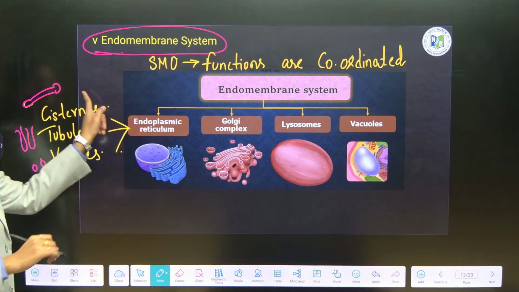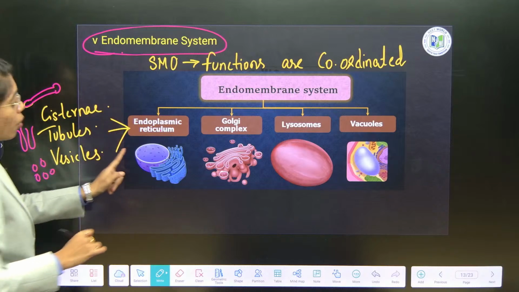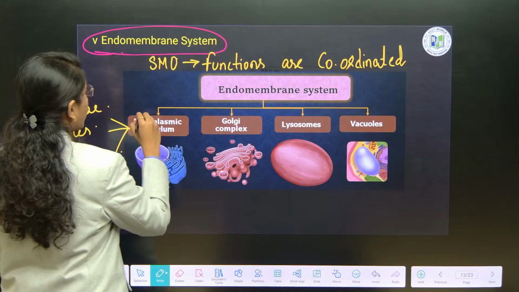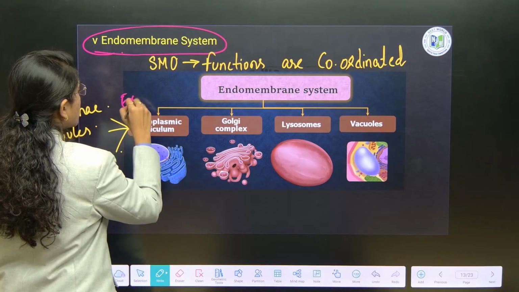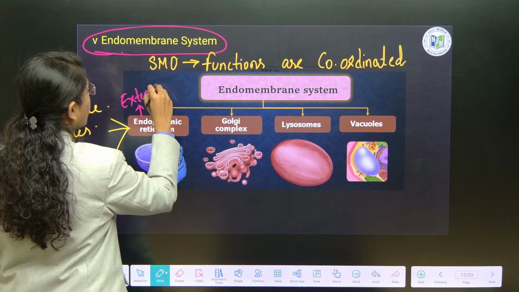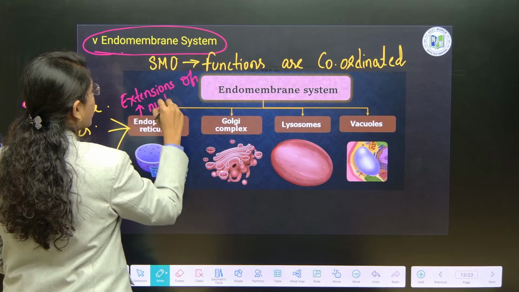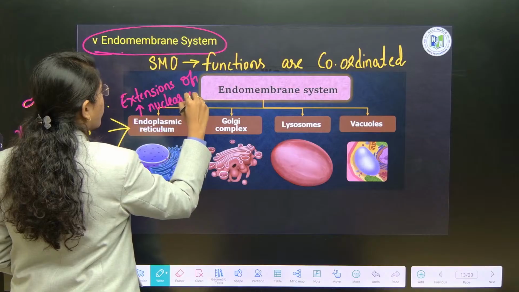Endoplasmic reticulum can be any of these structures, which are extensions of the nuclear envelope.